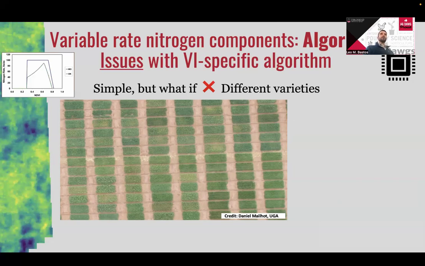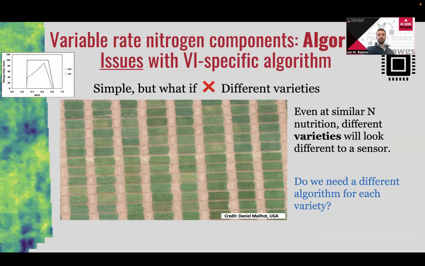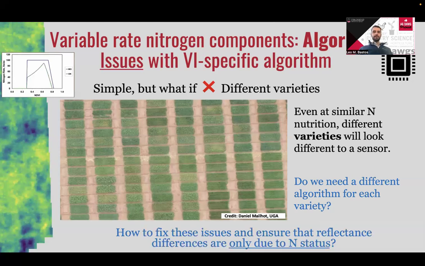It has nothing to do with nitrogen deficiency or sufficiency. It is because they are different hybrids that look different to a sensor. So what if you have different hybrids in your field? How do you account for that if you're trying to apply variable rate nitrogen? How do you know that the signal you're picking up is because of a nitrogen stress and not because of variety differences? Do you need a different algorithm for each variety? Has that been developed? There are a lot of these questions to keep in mind.